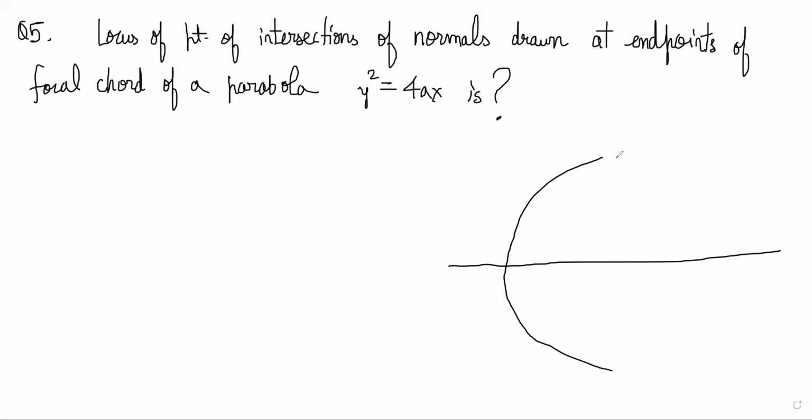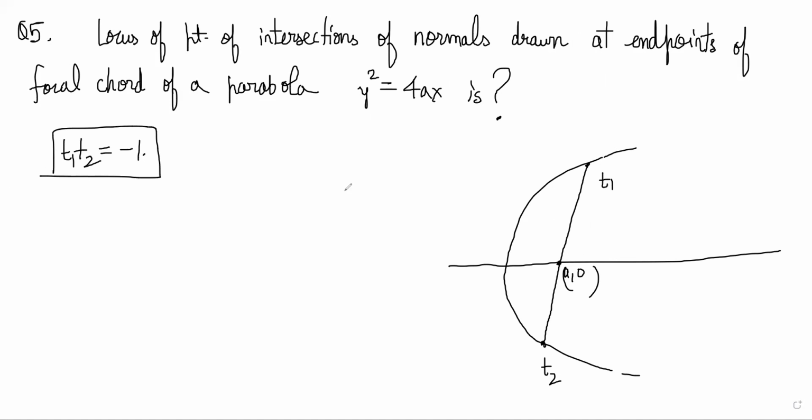So a couple of things of theory that we discussed yesterday. If this is a chord and this is a focal chord, we know that t1 will be here, then t2 will be here, and t1 t2 should be -1. This is the fact for a focal chord. Now if I make a normal here, and a normal here, they will intersect at some point, and you are supposed to memorize that result.